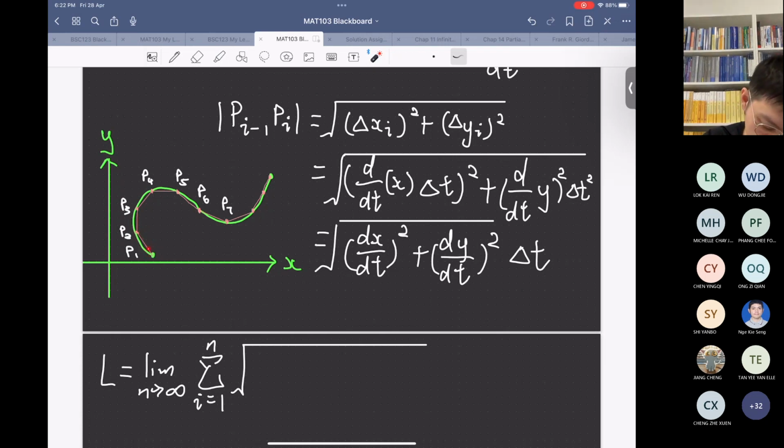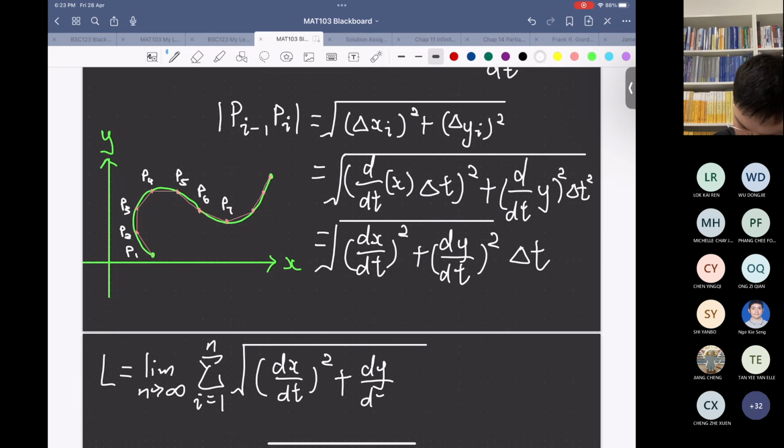So you should make your ruler smaller and smaller to approximate every part of your curve, right? And then you add all of them up. So you take a limit, and then multiply by delta t.